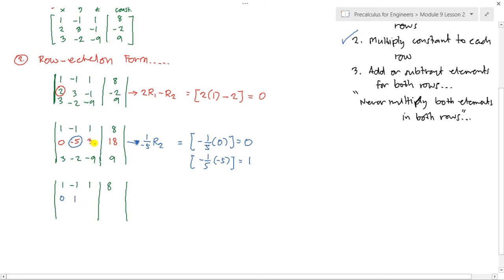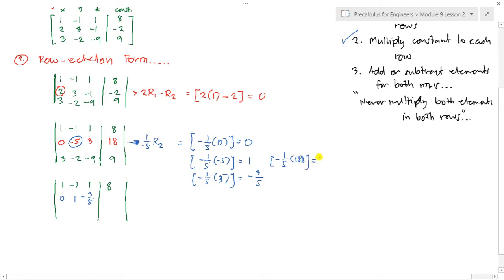How about for this 3? That is negative 1/5 times 3. That is negative 3/5. Right? This will now become negative 3/5. Then last, 18. We have negative 1/5 multiplied by 18.